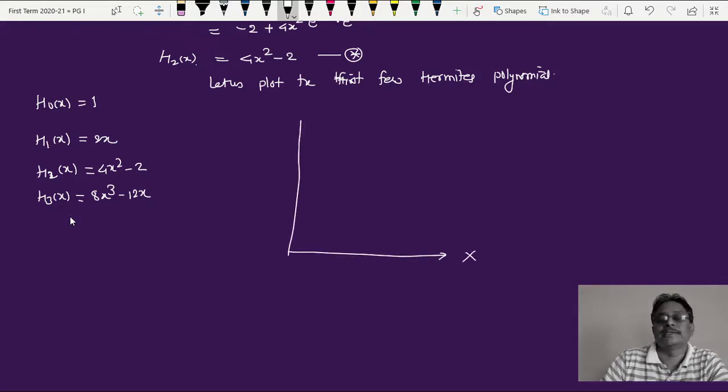This is my x, and here this should go down. Now this is 0, then this is 2, 4, 6, 8 and so on, and here it is minus 2, minus 4 and so on. So this is my hn of x, this is minus hn of x.